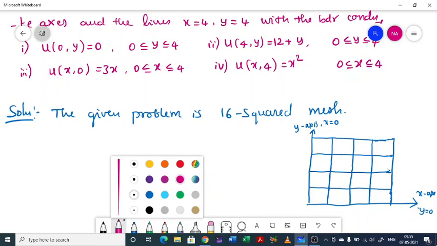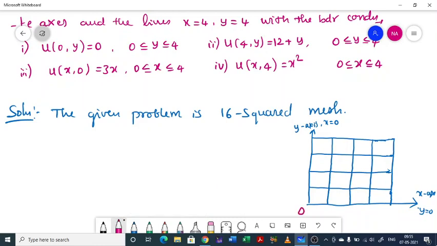It is given u of 0 comma y equal to 0 for any y lying between 0 and 4. That means u of 0 comma 0 is 0, u of 0 comma 1 is also 0, u of 0 comma 2, u of 0 comma 3, u of 0 comma 4. So all these values are 0. Next, u of 4 comma y equal to 12 plus y.